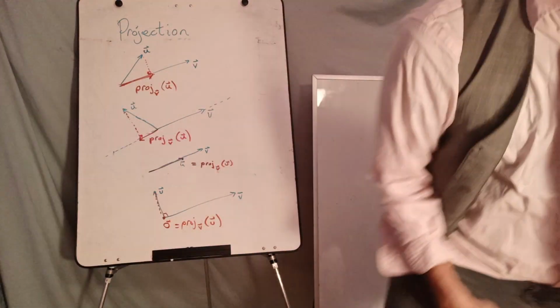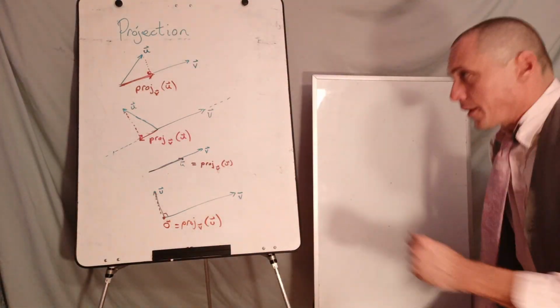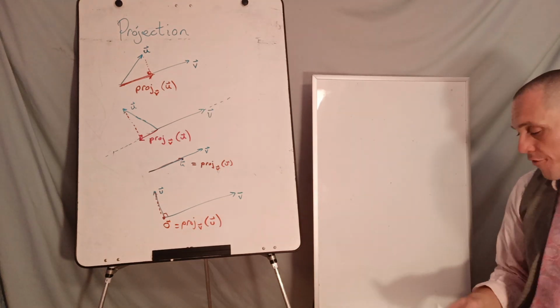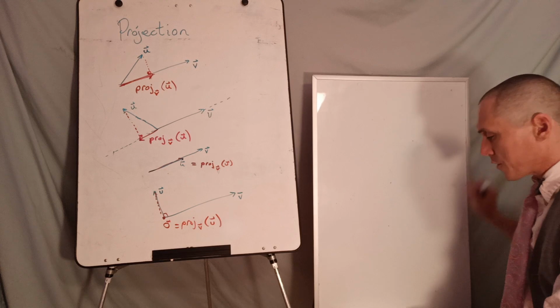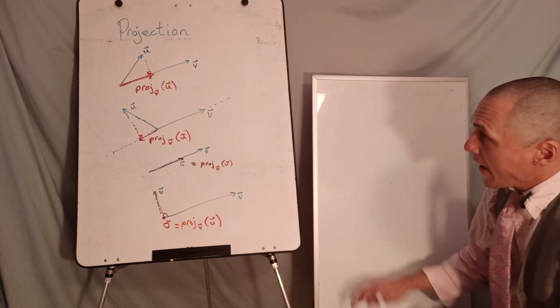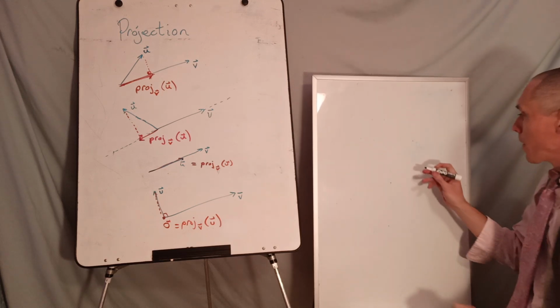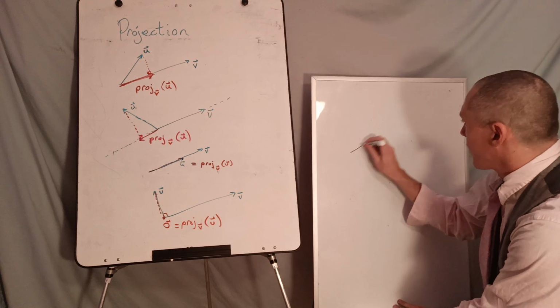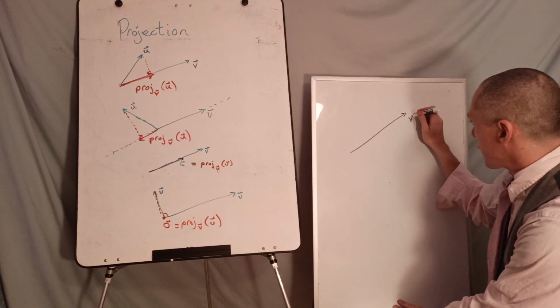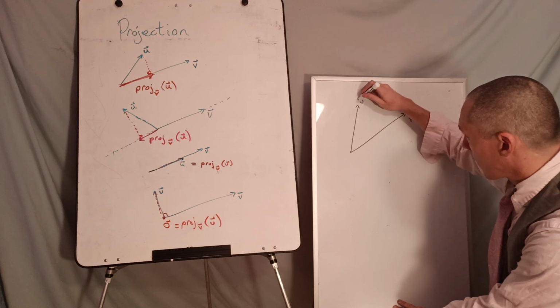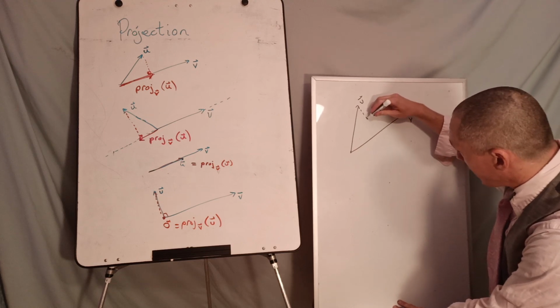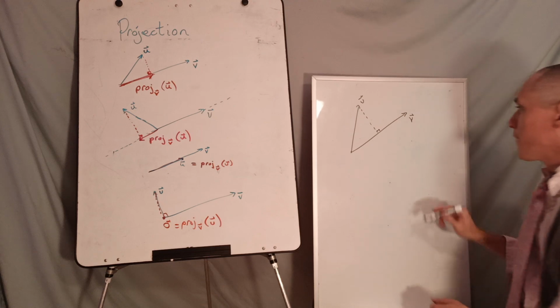Now, one way that we could develop an expression for the projection of u onto v is to talk about first the length of that line. So let's develop that. Let's say that we have a v, we've got a u, and I'm dropping it down right onto v.